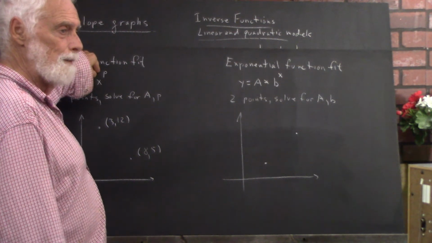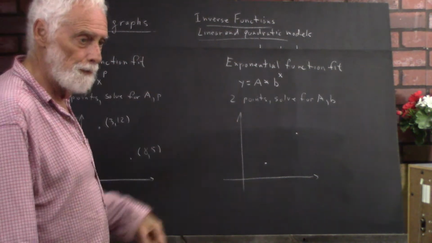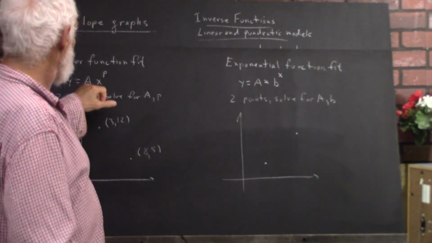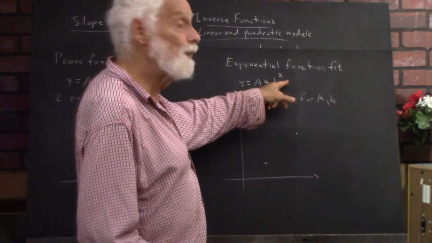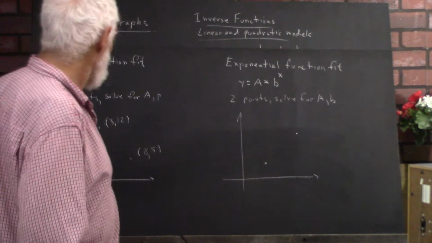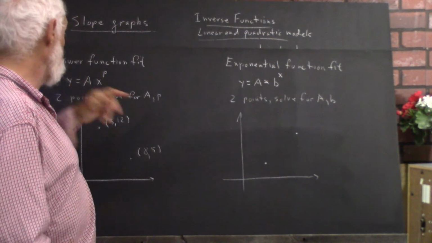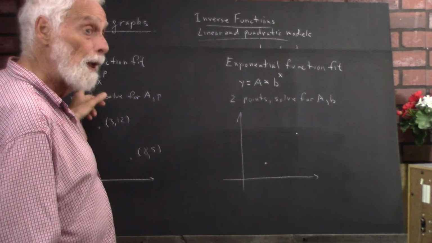Now, since p is the exponent, you tend to confuse power functions with exponential functions. In power functions, x is raised to a power. In exponential functions, x is the exponent. So you focus on what x is, or you focus on what the exponent is. Here the exponent is your power of x, so it's a power function.